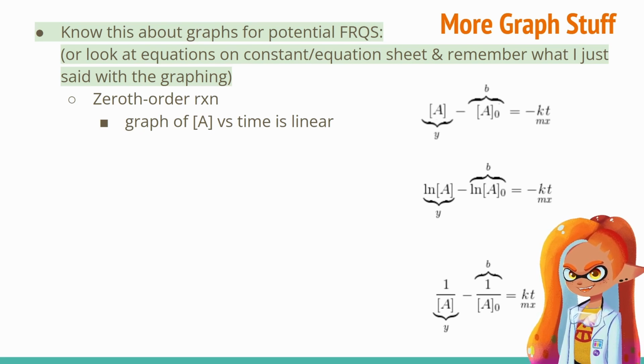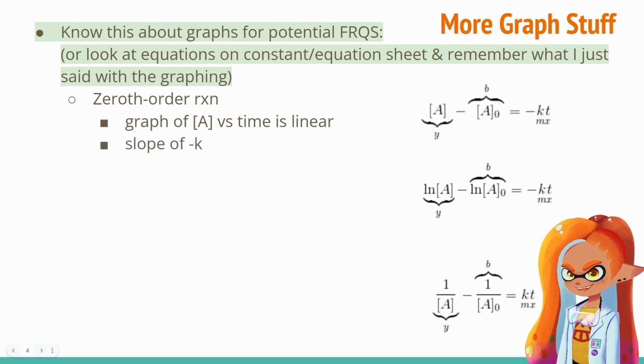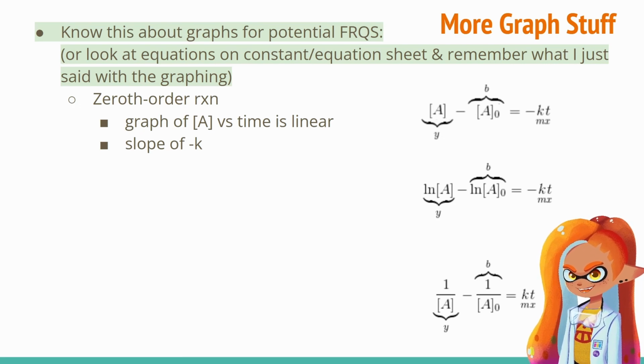And that makes sense because if you're looking here, you have this and then you have time. And so your slope is negative k, as you can see right here, because that corresponds to the m. And so if you have a 0th order reaction, that graph is going to be linear with that slope. And then I could talk about the other ones as well.